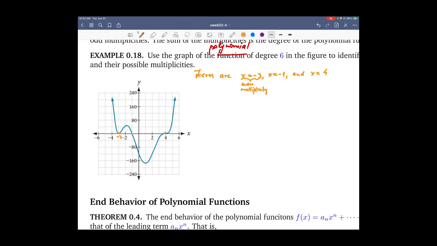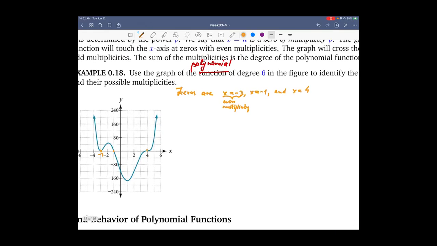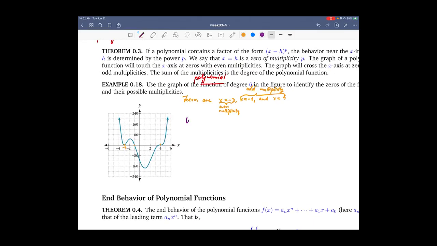And because at -1 and 4 we have crossings, these two are of odd multiplicity. Now, what are the possible forms of this function?